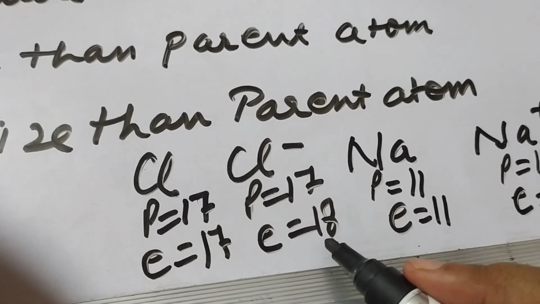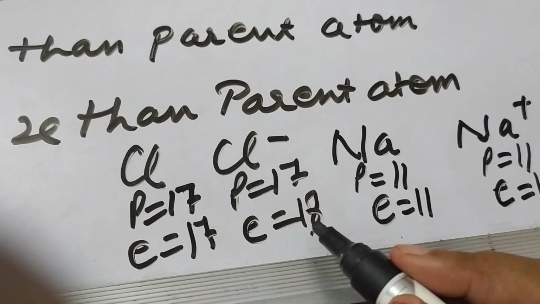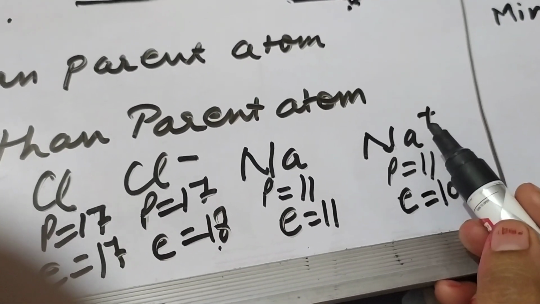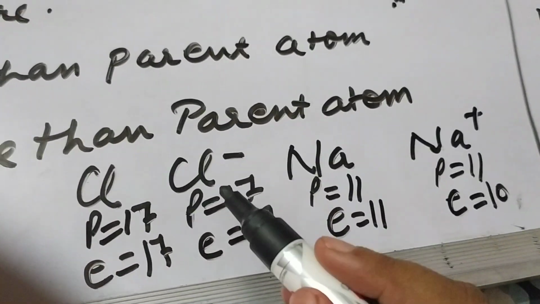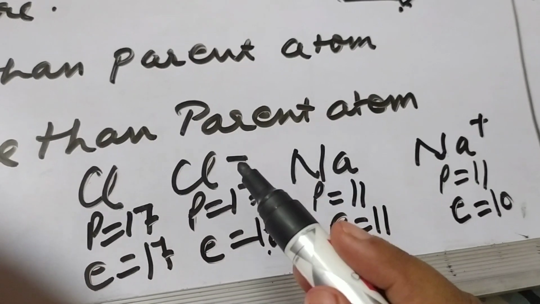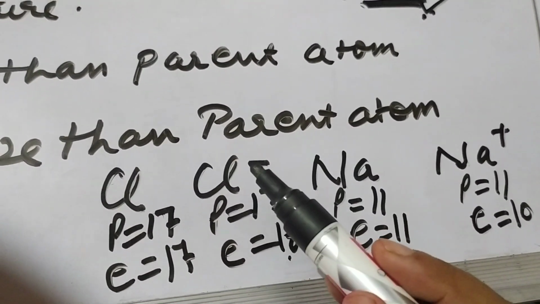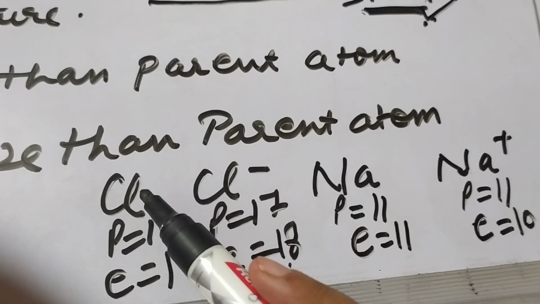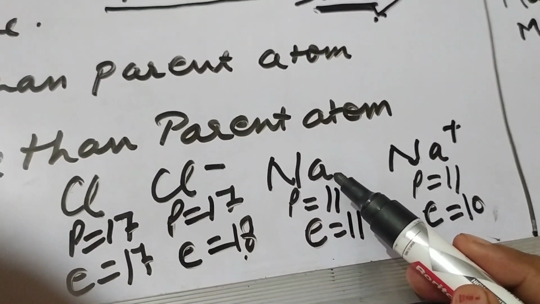So it will slightly loosely hold the electron, and therefore the size of the anion will increase, and the cation size keeps on decreasing with increase in charge. As you keep on increasing charge, Na2 positive, 3 positive, size will go on decreasing. And here if you keep on increasing the negative charge, the size will go on increasing. But here you have to just remember that the anion is always bigger in size than the parent atom, and cation is always smaller in size than the parent atom.